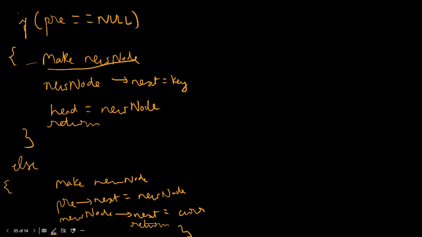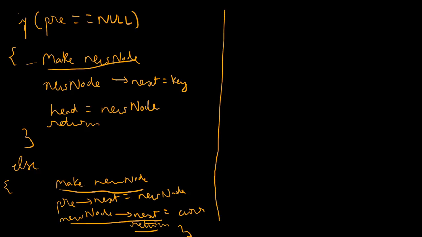So there are quite a few common statements which we are doing in both the if and else. We can actually factor them out, is how I call it. So let us factor them out. First we make the new node. We have to make it in either case. So we'll do make new node, and then this is where the difference is going to come.